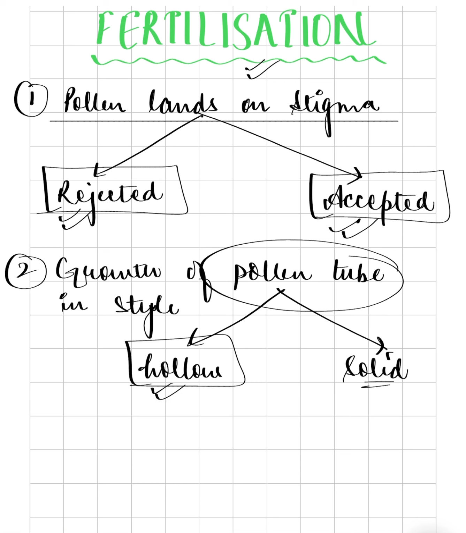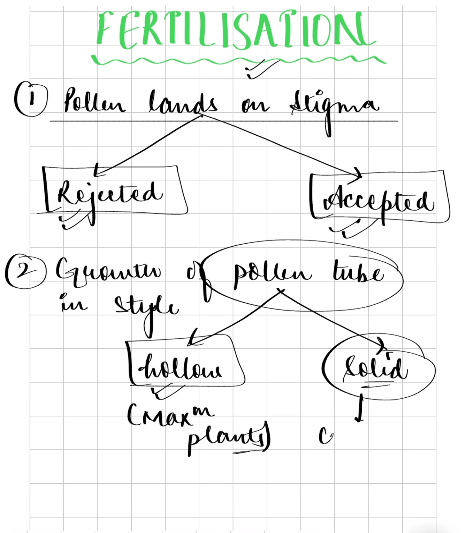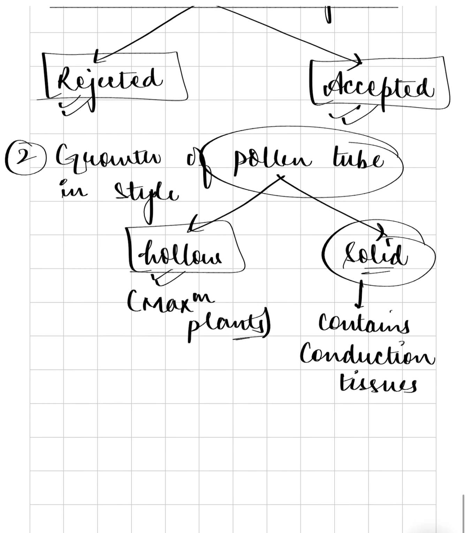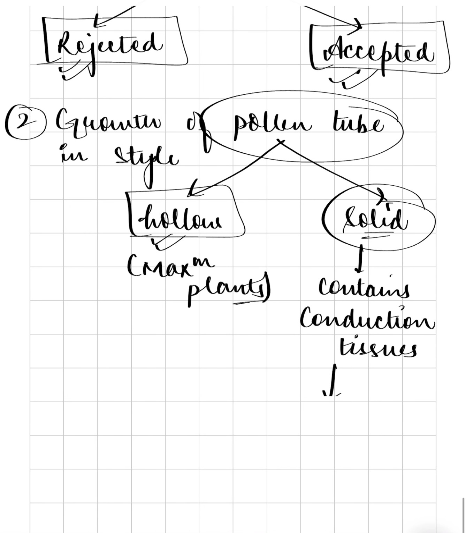Hollow pollen tube is found in maximum plants, and solid pollen tube contains transmission or conduction tissues. Since the chemicals are involved in this kind of movement, this is known as chemotropic movement.